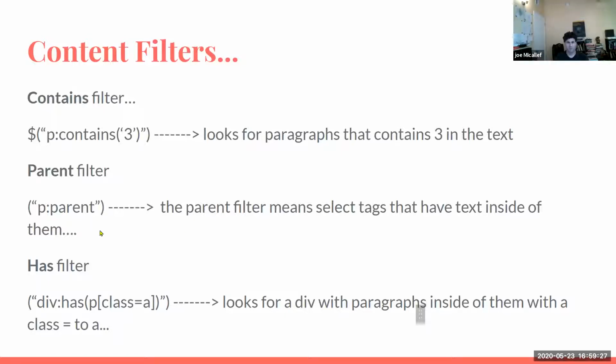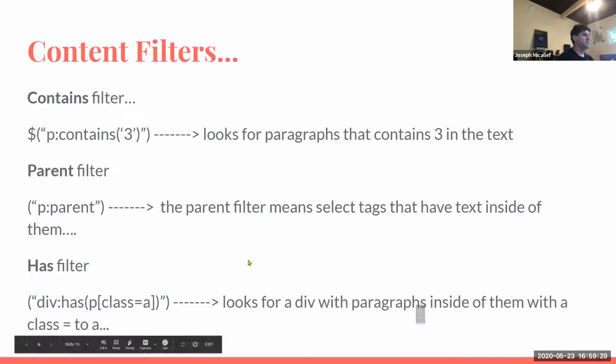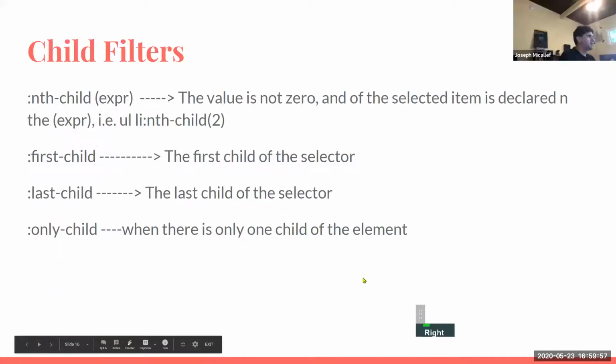And then this is a little bit more complicated. This filter looks for a div with paragraphs inside of them with a class that has, I think because it starts with an A in that class, the name of the class has the letter A associated with it. So that's more complicated.